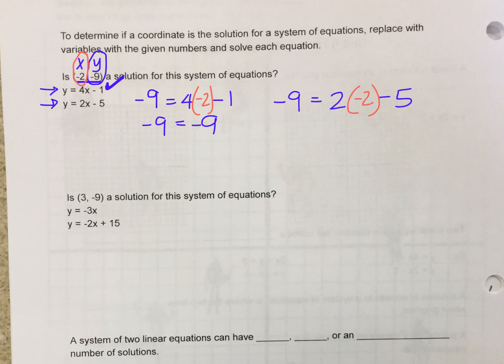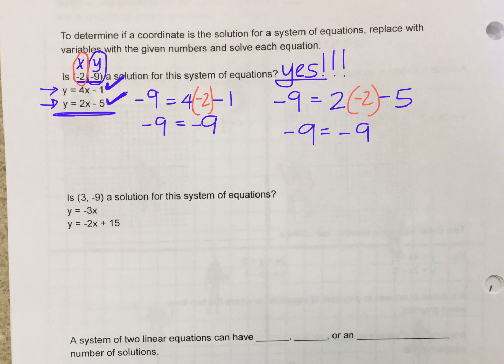Well, now I have negative 9 equals 2 times negative 2 is negative 4, minus 5 is negative 9. Negative 9 equals negative 9. That is true. Since both of those are true, this is the solution. So if I graphed these two lines out, they would cross on the graph at negative 2, negative 9.